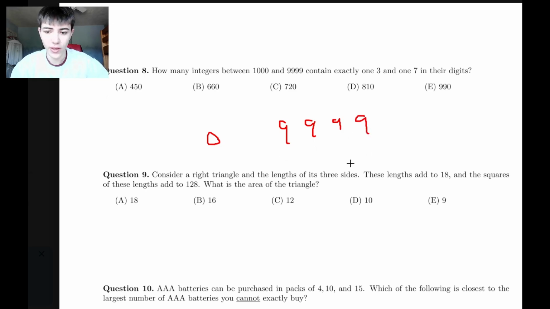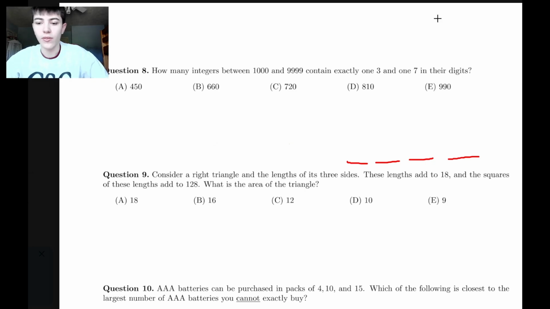Because if it was that, then we could treat every digit spot like an empty box and we could treat them all equally, right? We could say, you know, we have 4 options to put our 1 3. And then we have 3 remaining options to put our 1 7.